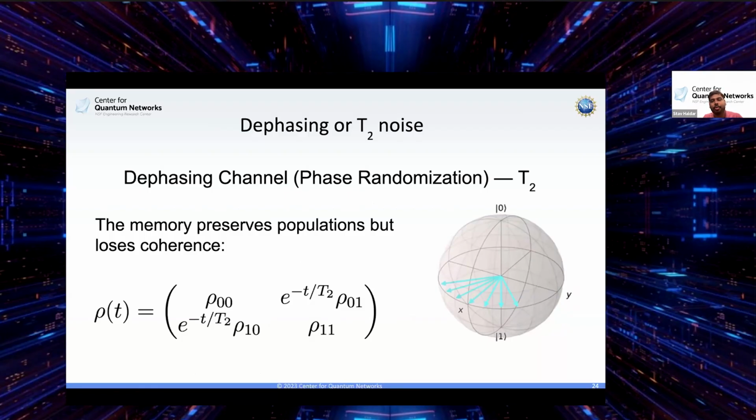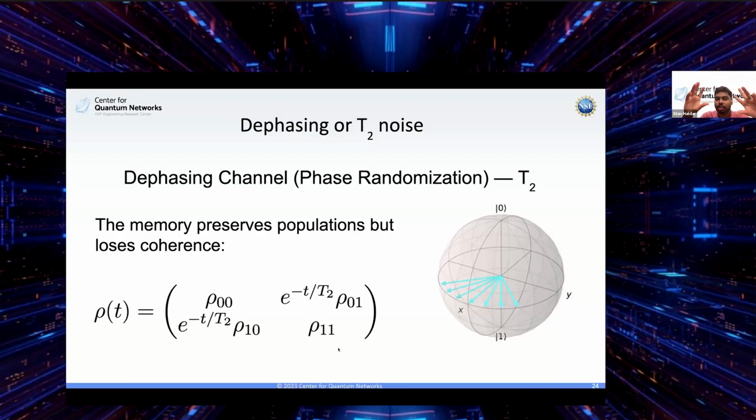You don't have a way to completely determine the state, right? So therefore you lose information and you become a mixed state. And that's what you see: in this case, the diagonal elements are still the same, right? Because you're just rotating.